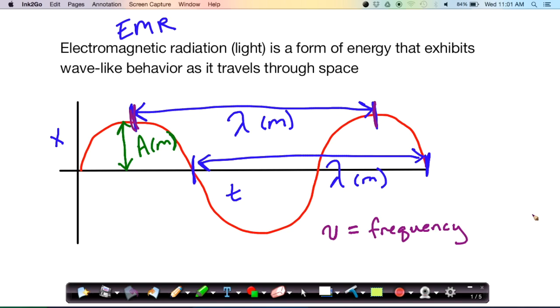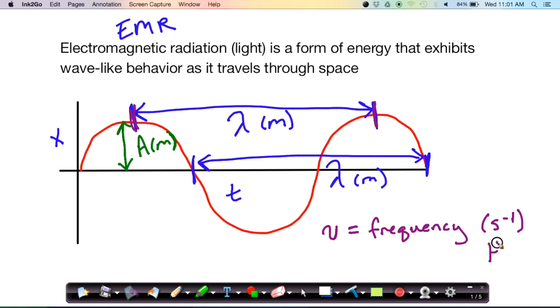Now, since frequency is measuring how many times something occurs in a given time frame, it actually has units of reciprocal time, or 1 over time. So a lot of times this will be seconds to the negative first power, or 1 over seconds. We have a special name for that unit of reciprocal seconds.